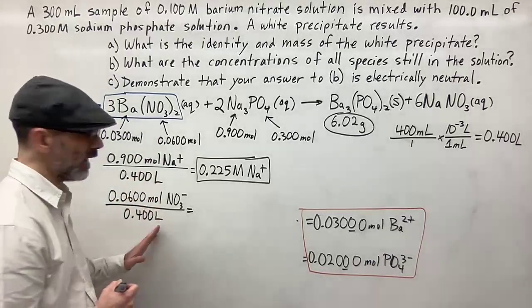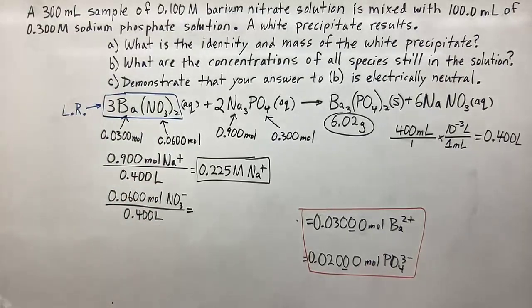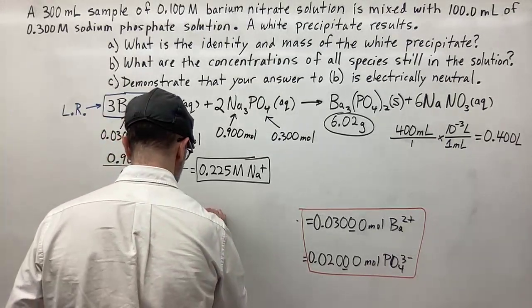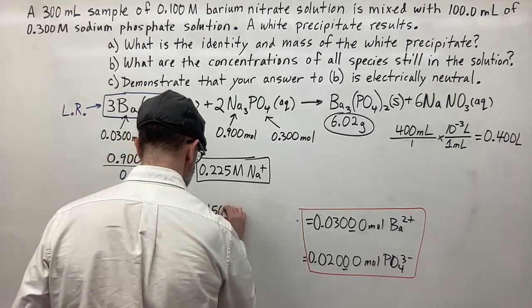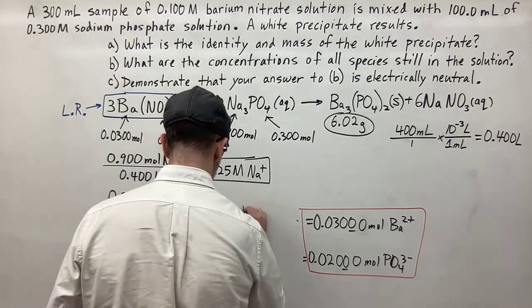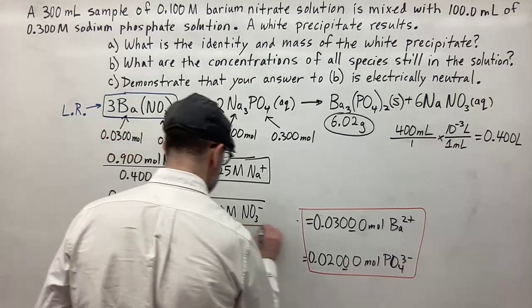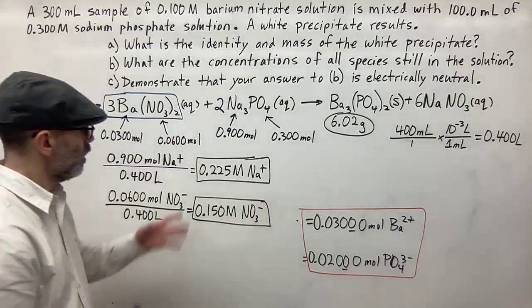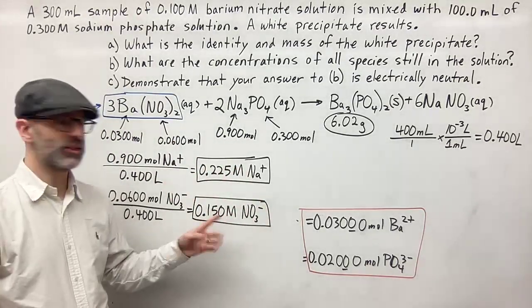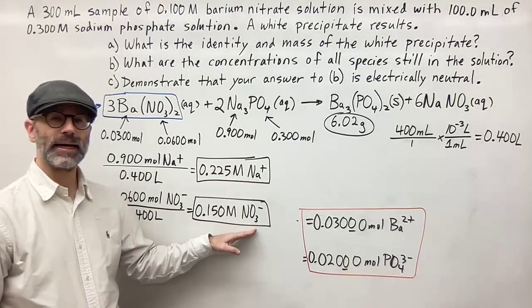And when we do the calculation, we get 0.150, so 0.150 molar of the nitrate ions. Okay, so we have the concentration of sodium and nitrate.